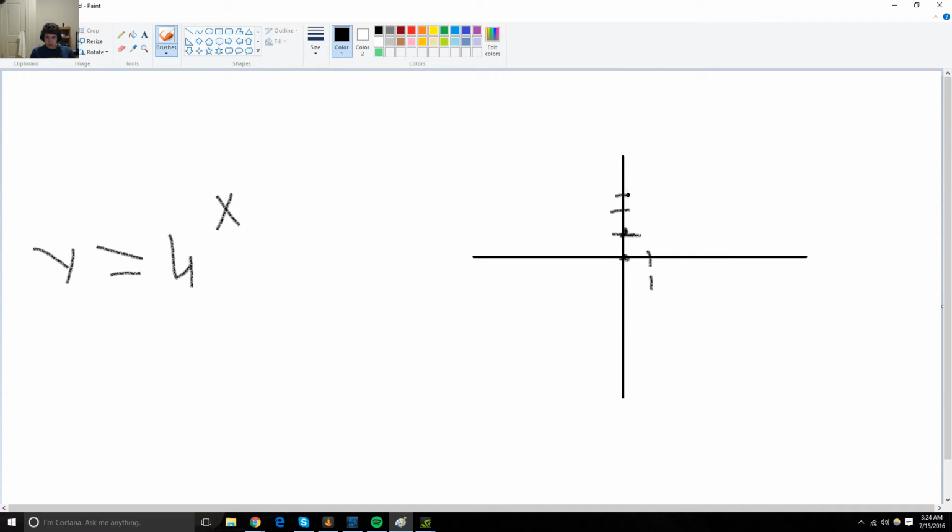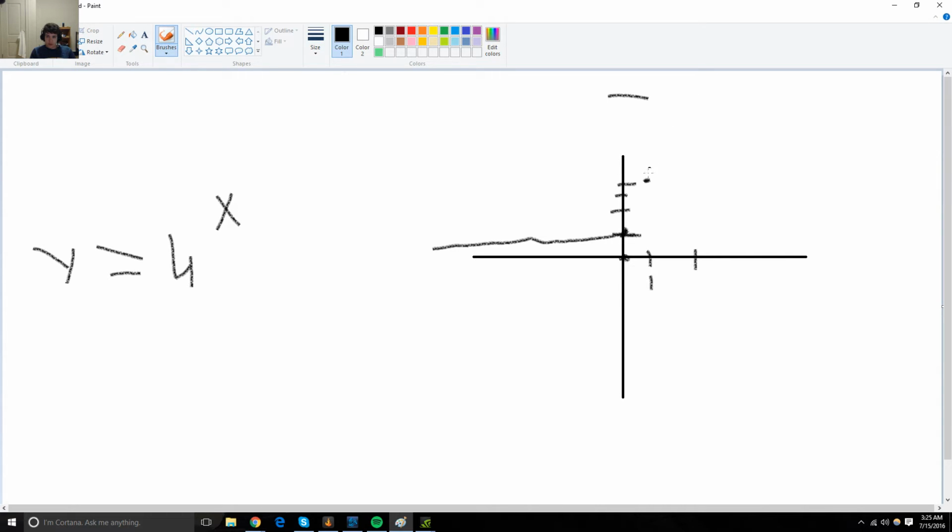Just like that. And then at x equals 2, 4 to the second is 16. It's just way up there. So you can see it increases. You can't see because I'm a terrible drawer, but it increases exponentially. And then if you plug in negative 1, I don't know how to do negative exponents, but it looks like that.